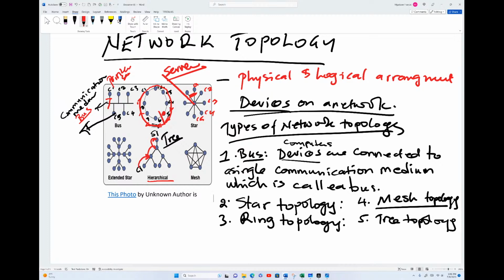So if you want to come up with any of these, think first of all of the cost. How much will it cost? Secondly, think of performance.